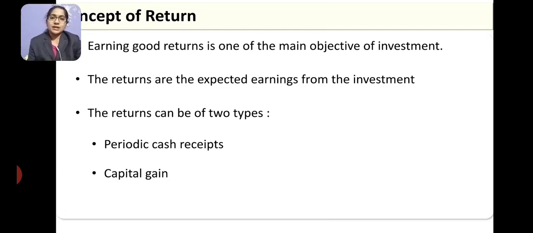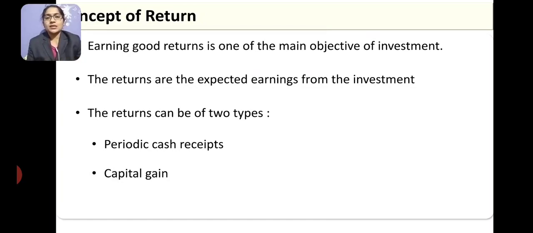So I get dividends, that is my return, that is periodic cash receipt once a year, or maybe I also may get interim dividend. But at the same time, my share price also might increase. Means I have invested in a share at 100 rupees per share, say 6 months ago.